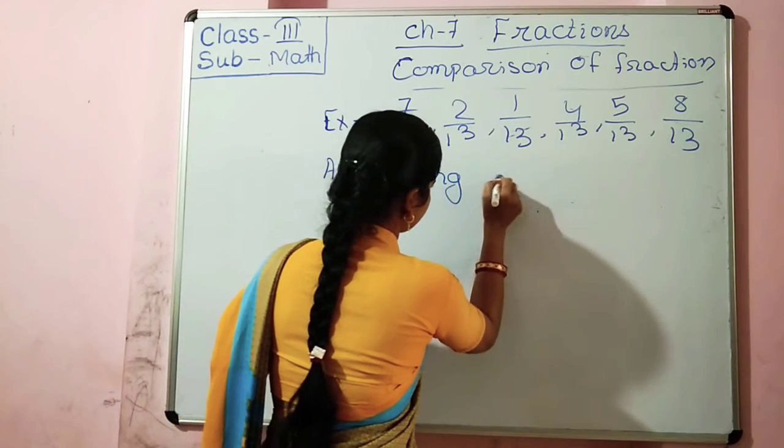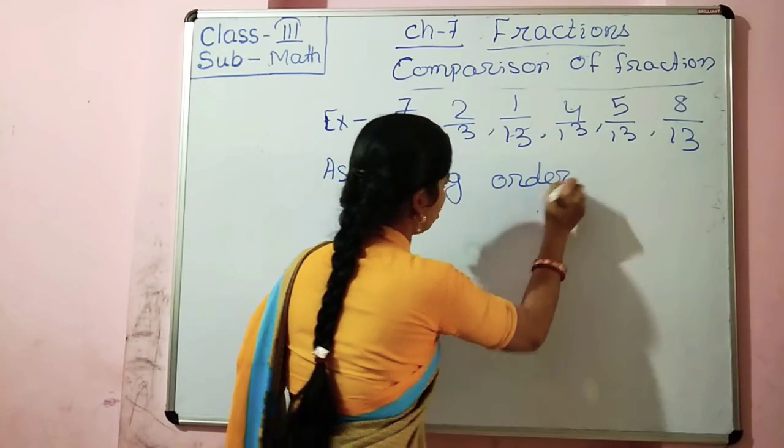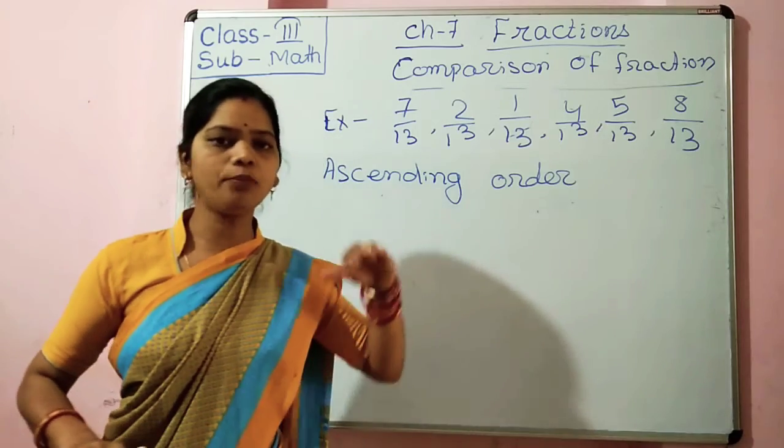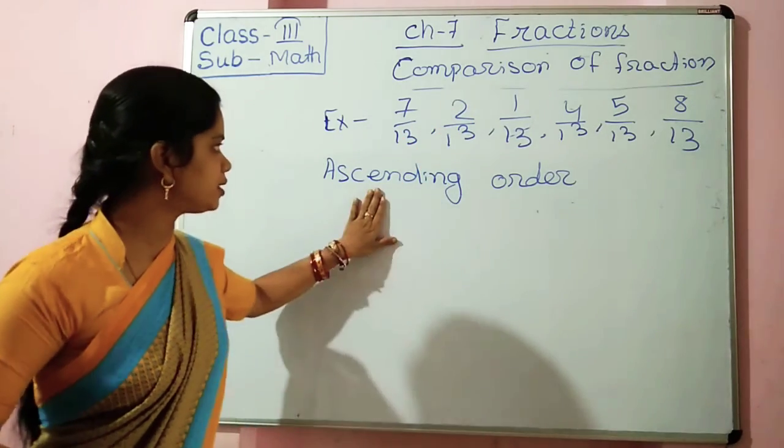Ascending order means क्या? We arrange the numbers from the smaller number to the greater number.